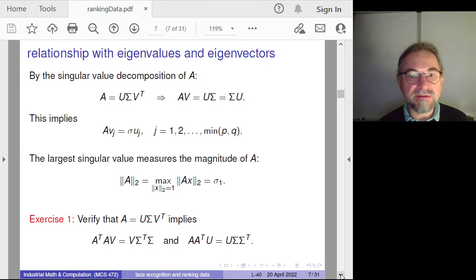You can see that if you are only interested in, say, the U or the V part, then you can compute the U part independently of the V part.